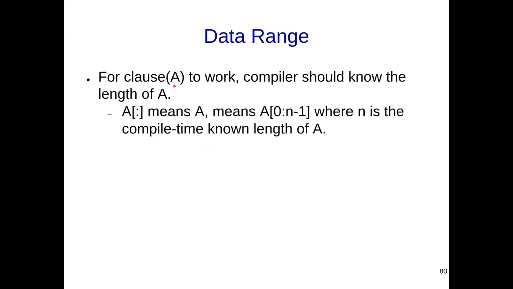That's why we could use copy in of A, B, and copy out of C, because A of n, B of n, C of n was already there as part of the code, and the compiler was able to figure it out because n was hash defined. In general, we can specify A, rectangular parenthesis, colon, closing rectangular parenthesis, and that also means A of 0 to n minus 1 in the context of C, C++, or 1 colon n in the context of Fortran programs, where n is the compile time known length of it.